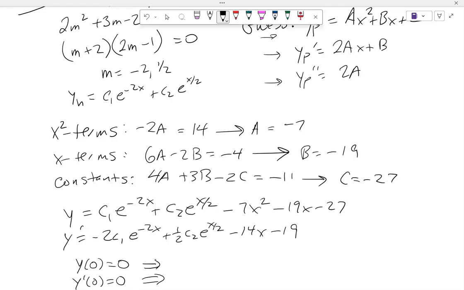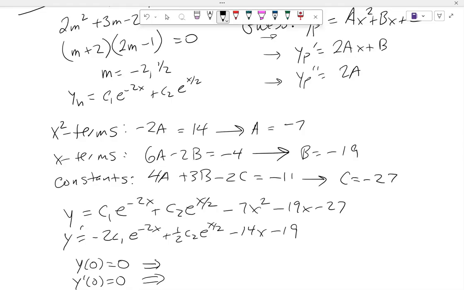Using our initial conditions now, which at least they gave us some nice numbers to work with in this particular problem. I plug in 0 for x, we're supposed to get 0 out for y in both the function and the derivative.